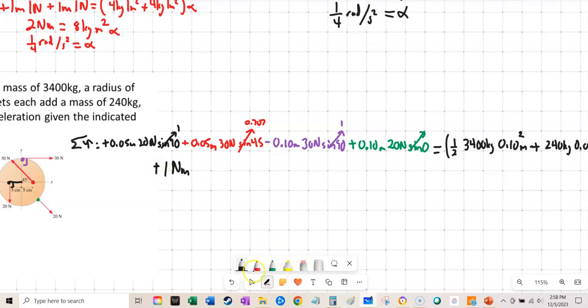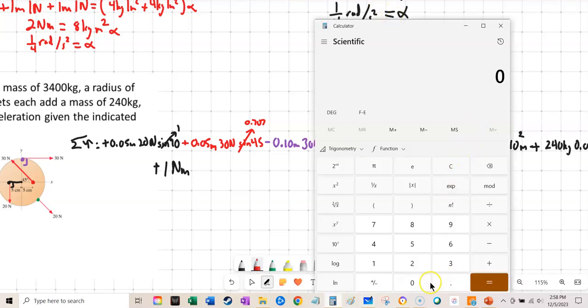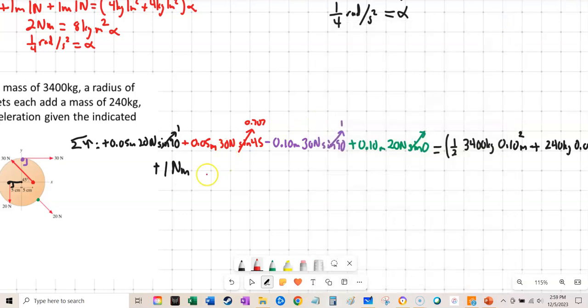All right, let's do the red one. The red one is going to be 0.05 meters out. 20, whoops, that was supposed to be times 30. 0.05 times 30. So that's going to be 1.5 Newton meters of torque. And that's going to be positive.